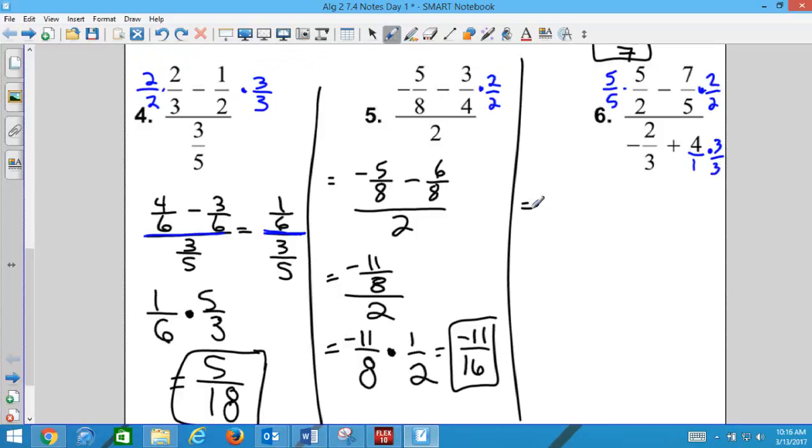So on top, we're going to get 25 over 10 minus 14 over 10. On the bottom, we get negative 2/3 plus 12/3.